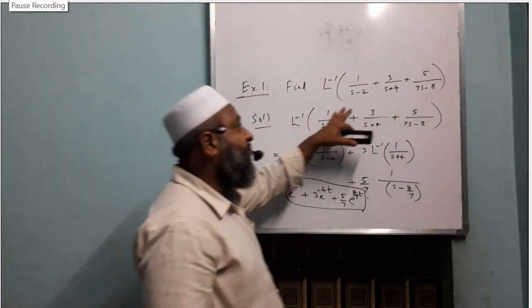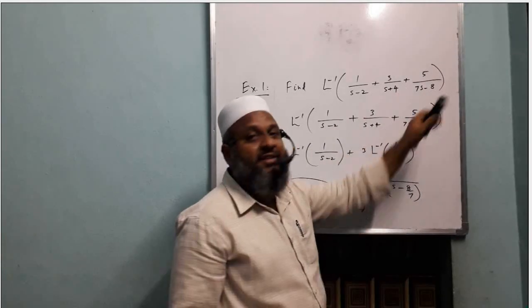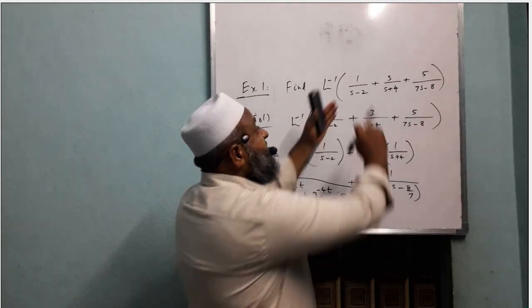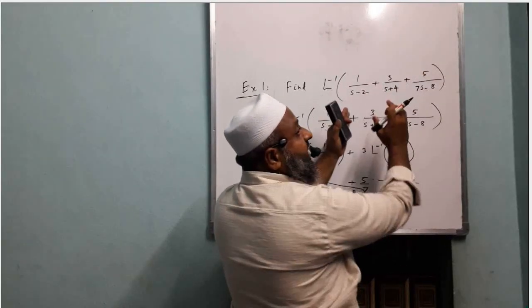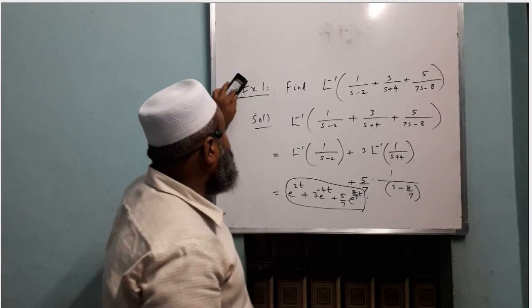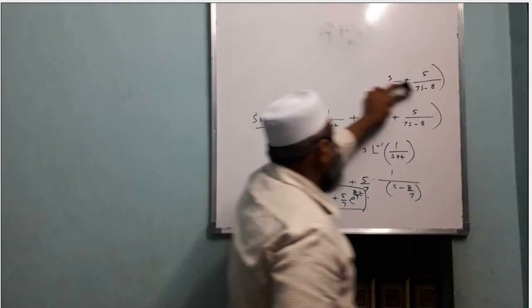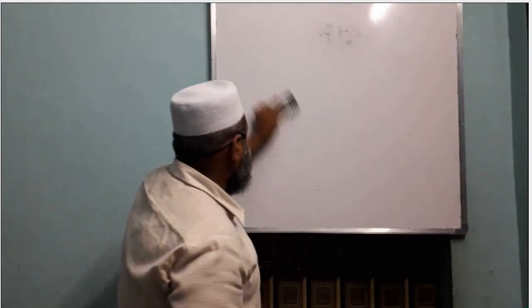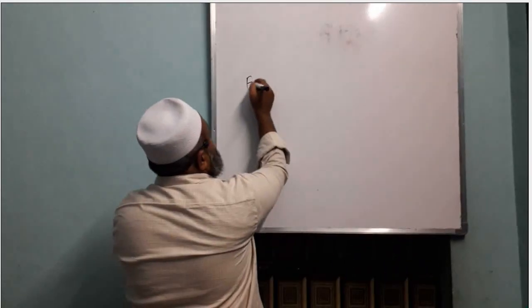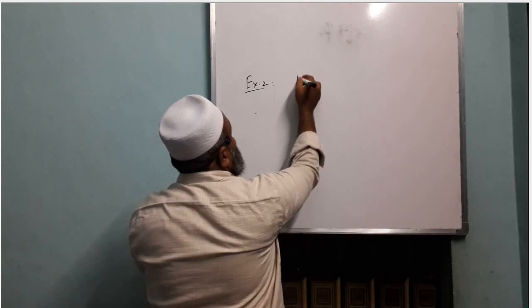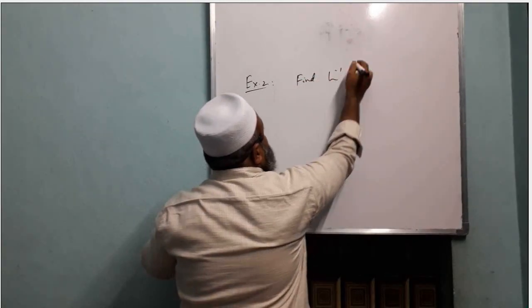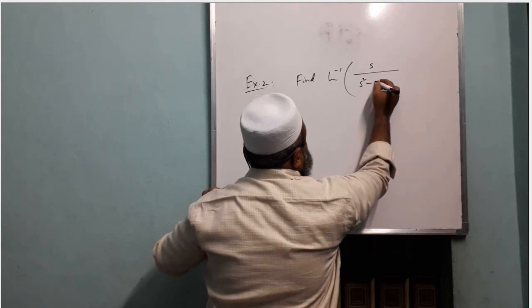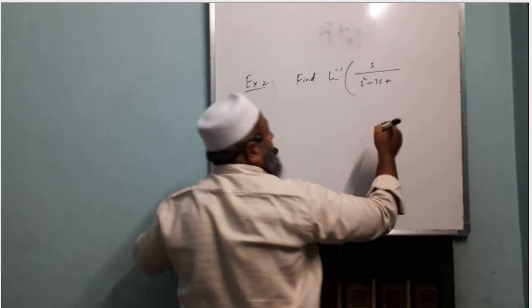Okay, in this problem the factors are given separately, individually. Sometimes they will make it as one fraction and give it. For example, let us talk about that one. Example number 2: find L inverse of s by s square minus 3s plus 2.